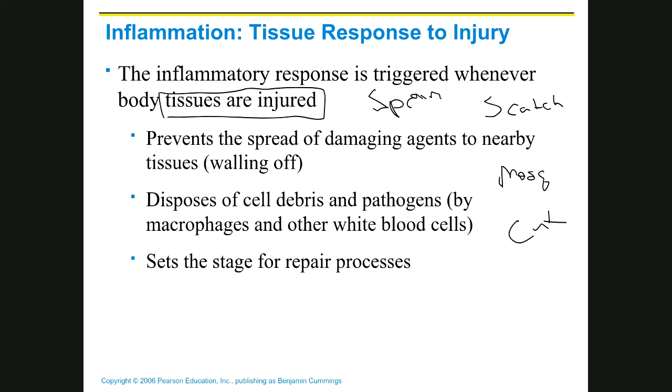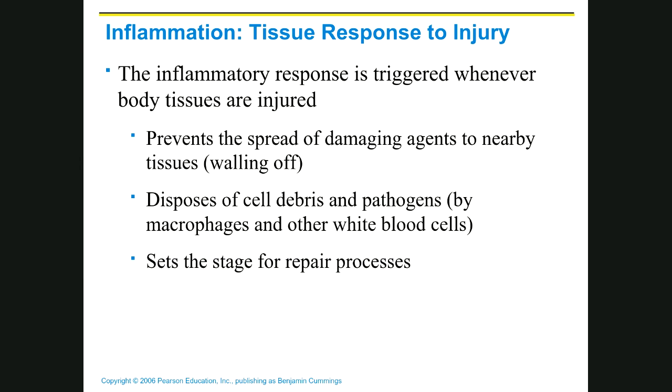Anytime that tissues are injured, those tissue injuries give off chemicals. And those chemicals are going to cause a bunch of things to happen. A bunch of things are going to come to that area. A lot of white blood cells are going to come there.